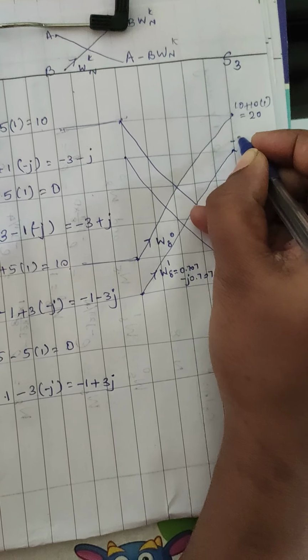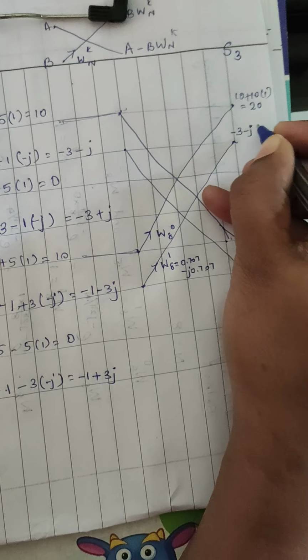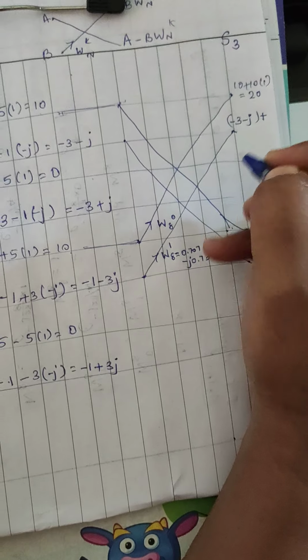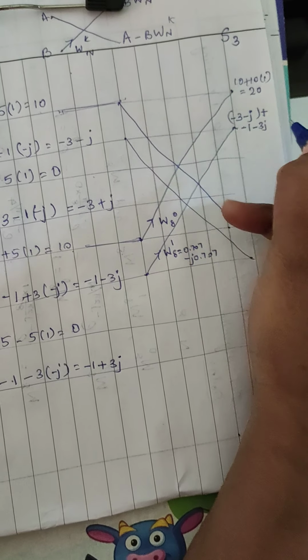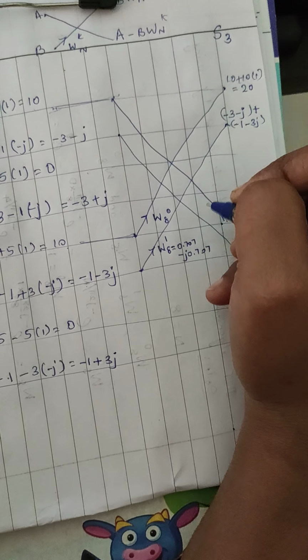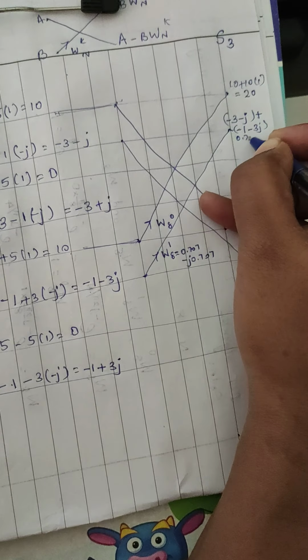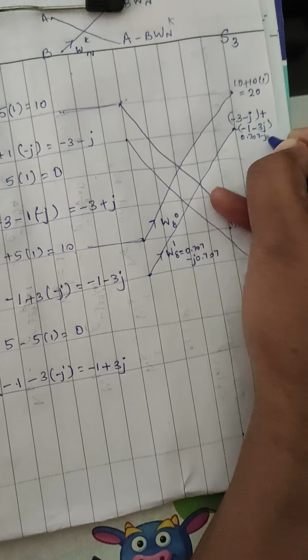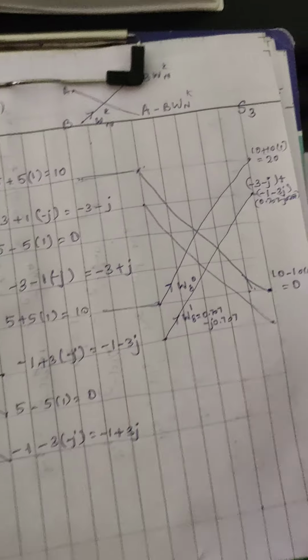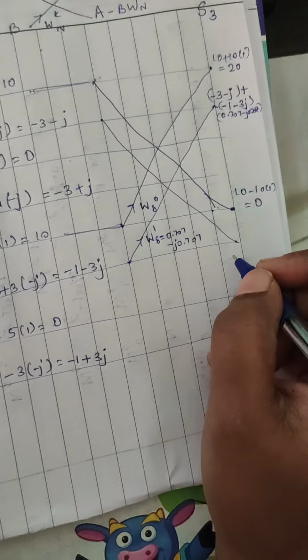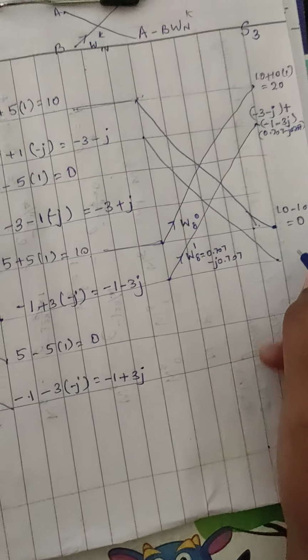What is a? A is minus 3 minus j, plus b, which is minus 1 minus 3j, into the twiddle factor value 0.707 minus j 0.707. So you multiply and find the final answer. We'll write the final answer in the final step.